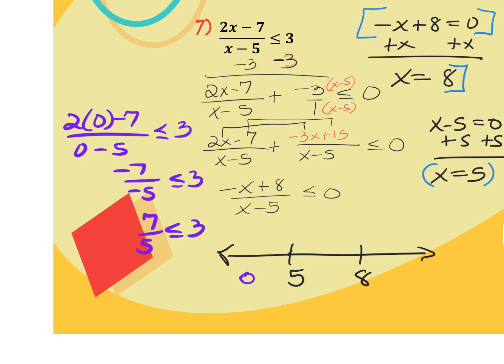And +7 over 5, if I divide this or make it a mixed number, it's 1 2/5. This is still a true statement. 1 2/5 is less than or equal to 3. So this section gets the check. This gets the X and the check.